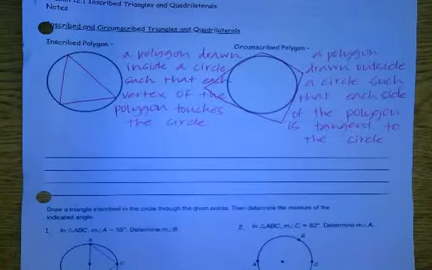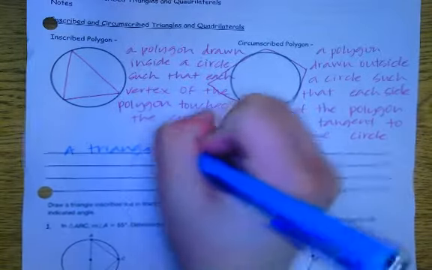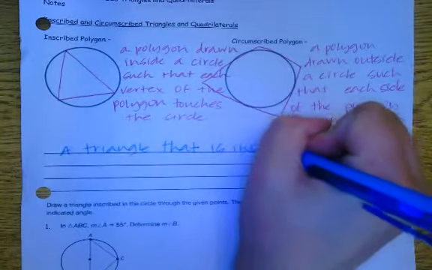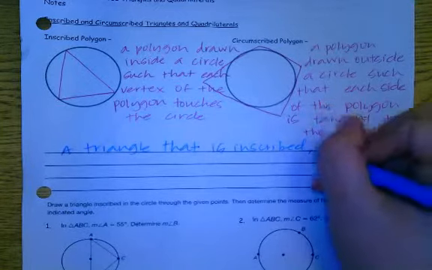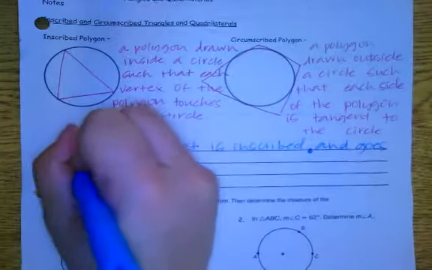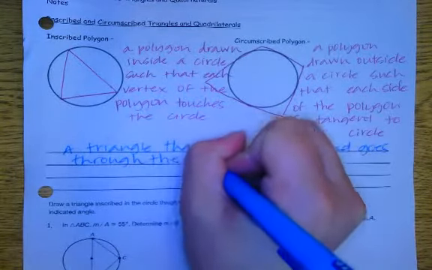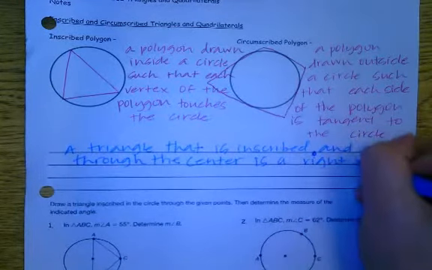In that next little area, we are going to write down a theorem or a rule. Okay, a triangle that is inscribed and goes through the center is a right triangle.